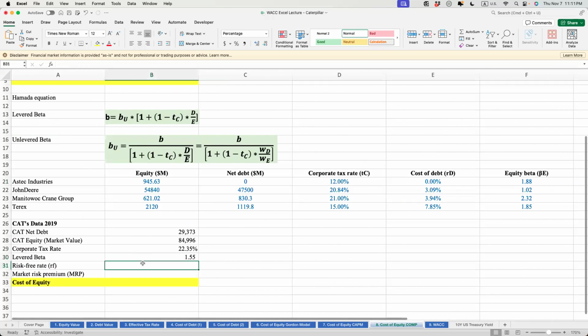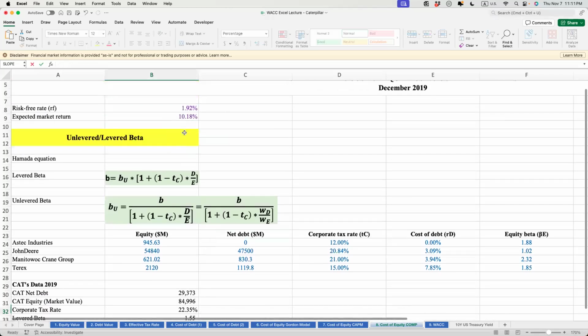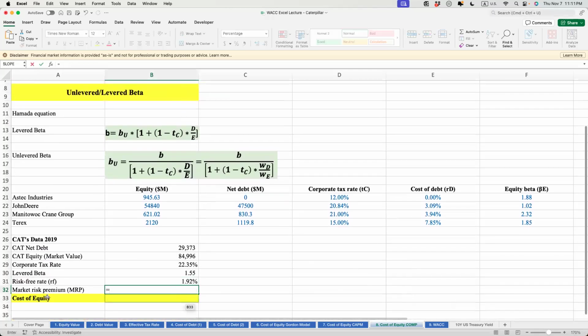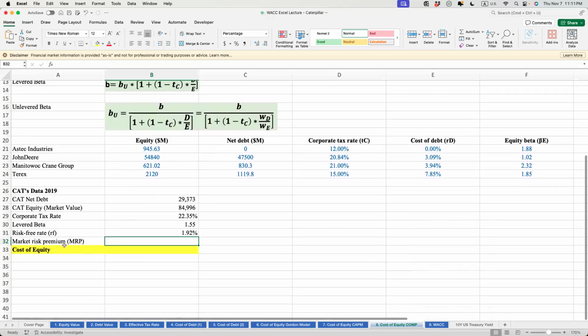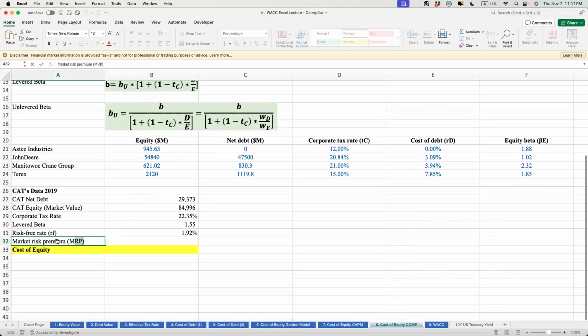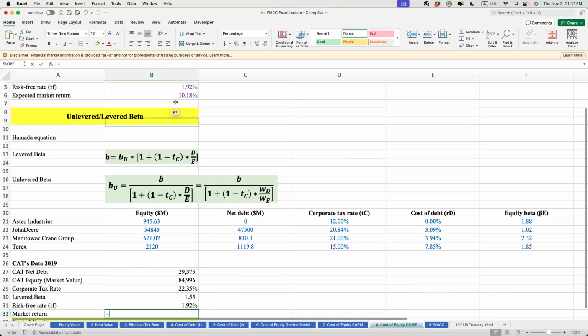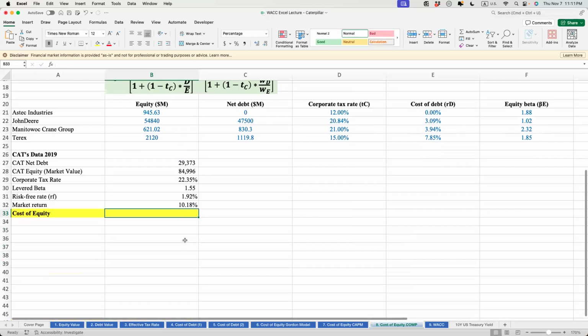Now you have everything you need. The risk-free rate is coming from here. Here I put the market risk premium. You can change that. Basically, what is the market risk premium? That is the market return minus the risk-free rate. So if you find this term confusing, you can just change it to market return. The market return will be 10.18%. What is the cost of equity?